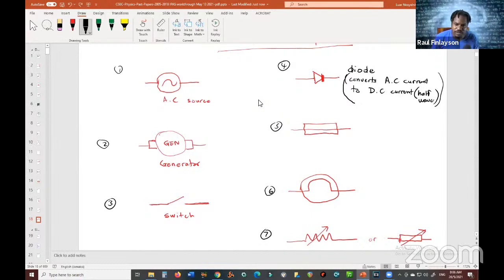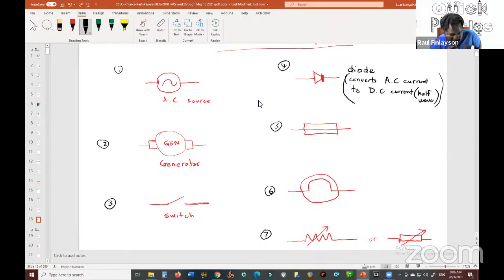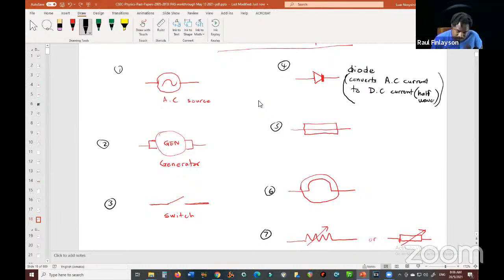Putting a diode in the circuit, or connecting a diode to the AC source, converts it to DC current, but that DC current could harm certain devices. It's not a steady DC current. So there are other devices that we can use to straighten out that half wave so they can make it straight.